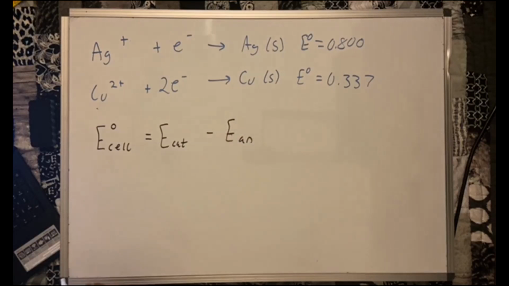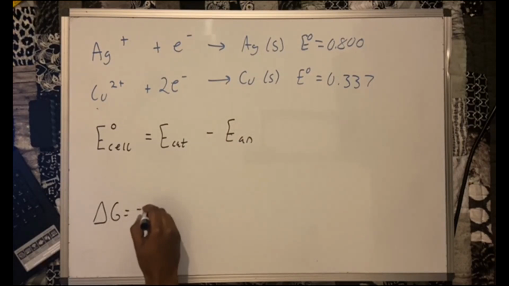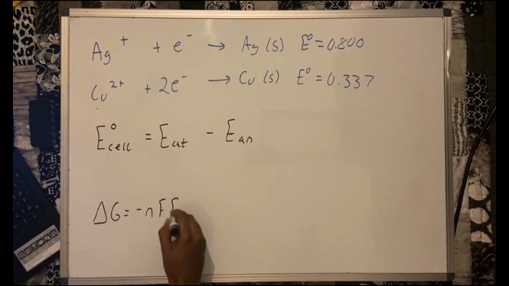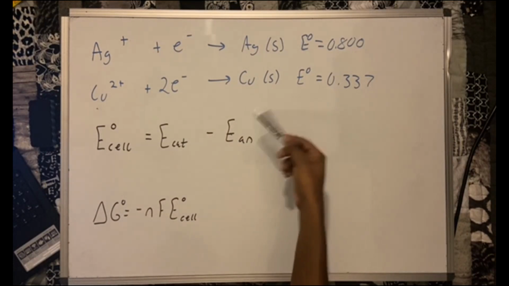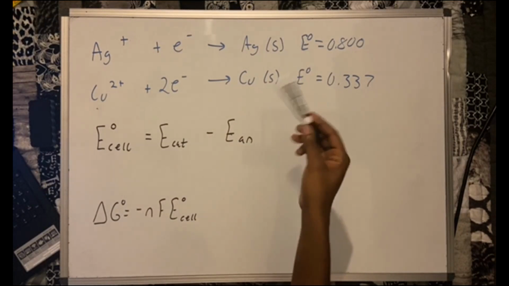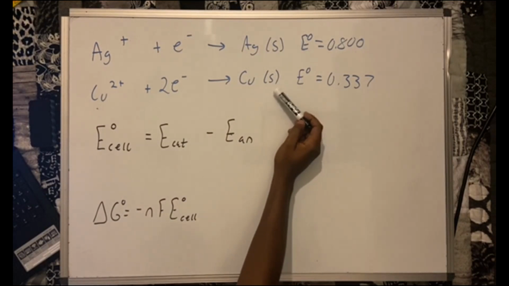And then I would also look at this one, delta G equals negative nFE, or delta G naught. So when a question asks you about a voltaic cell of these two things, you automatically want the spontaneous one.